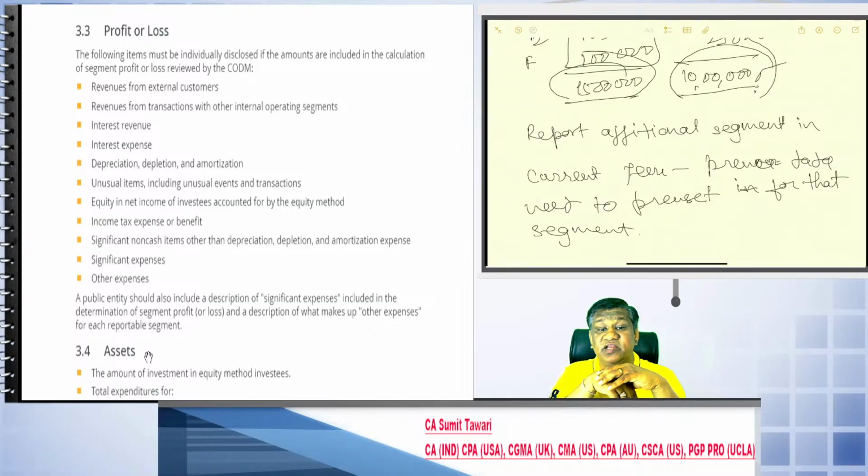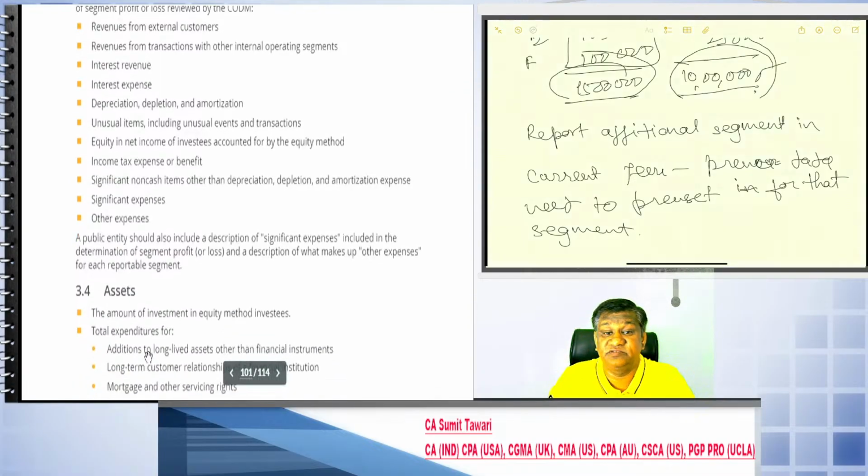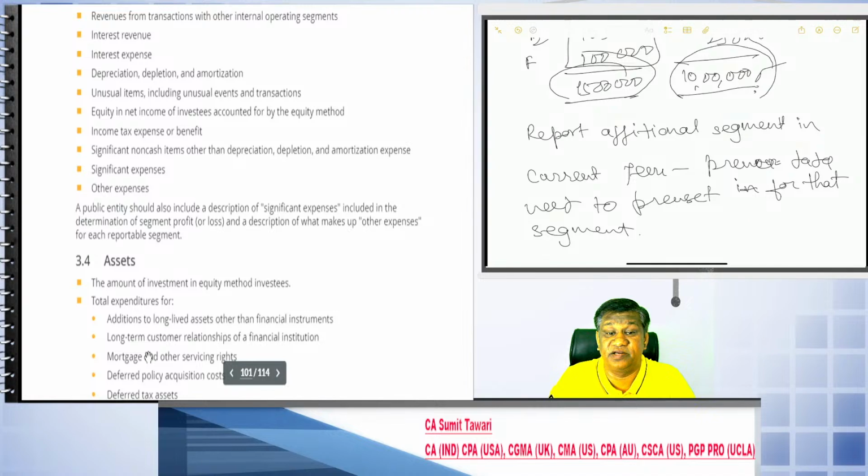A public entity should also include the description of significant expenses included in the determination of the segment profit and loss, and a description of what makes up the other expenses for each reportable segment. Otherwise, you need to disclose the separate SG&A, selling and general administration expenses, in the reportable segment.